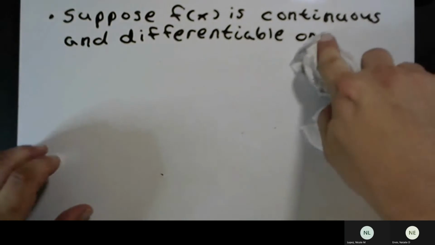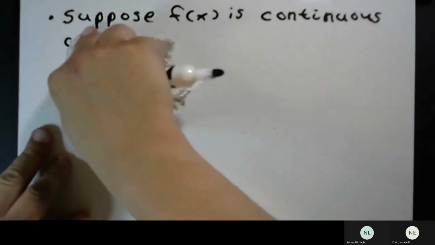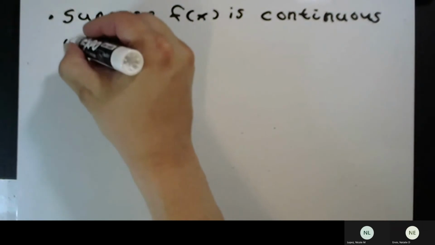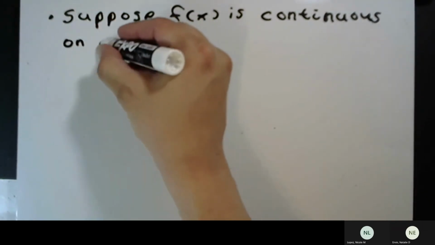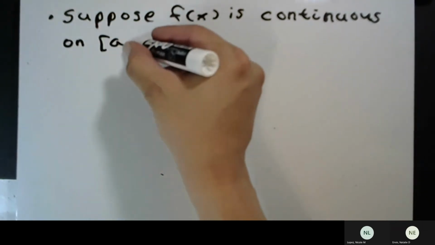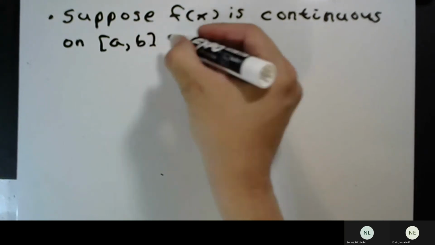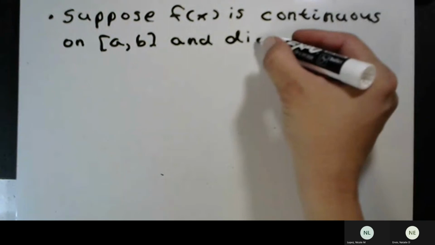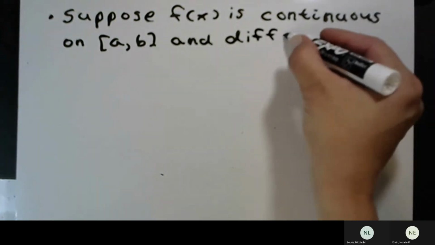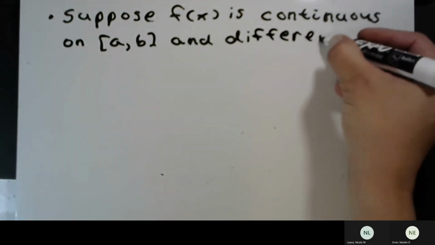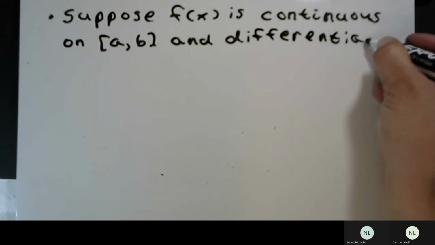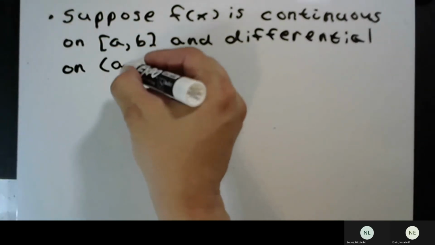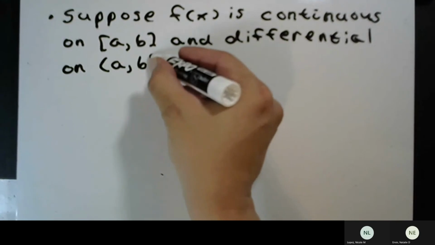We want f of x continuous on a closed interval and differentiable on the interior of that interval, which is the open interval AB.